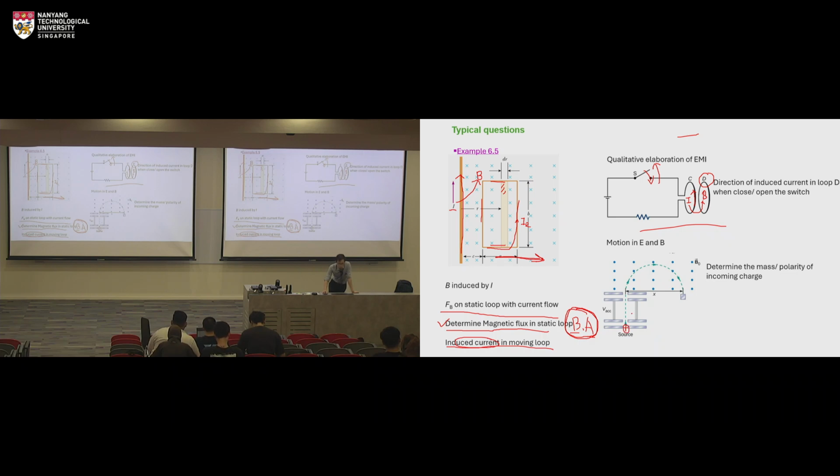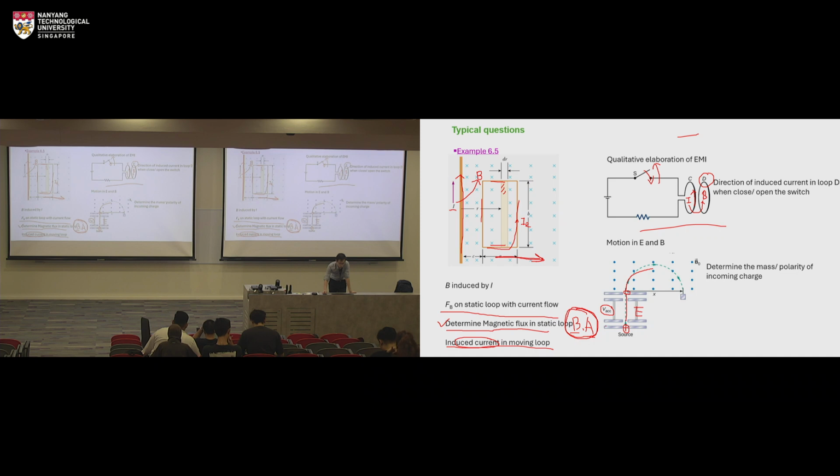First of all, it is accelerated through this kind of capacitor structure. Basically, what you have is a potential difference, or you have an electric field E, right? And after a certain acceleration, we can make this charge enter a magnetic field. So once it enters the magnetic field, of course, you will have a circular motion.